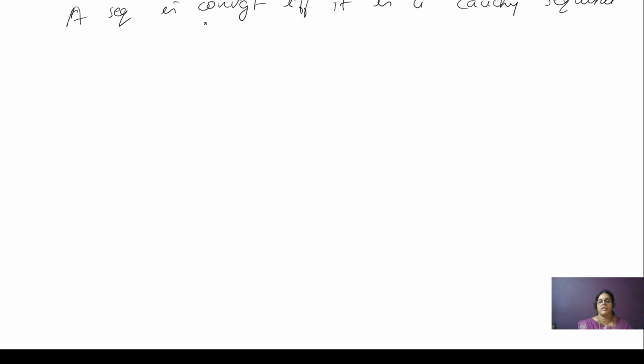We have seen that if it satisfies that condition, it is convergent. So this is a very important theorem about Cauchy sequences: a sequence is convergent if and only if it is a Cauchy sequence.